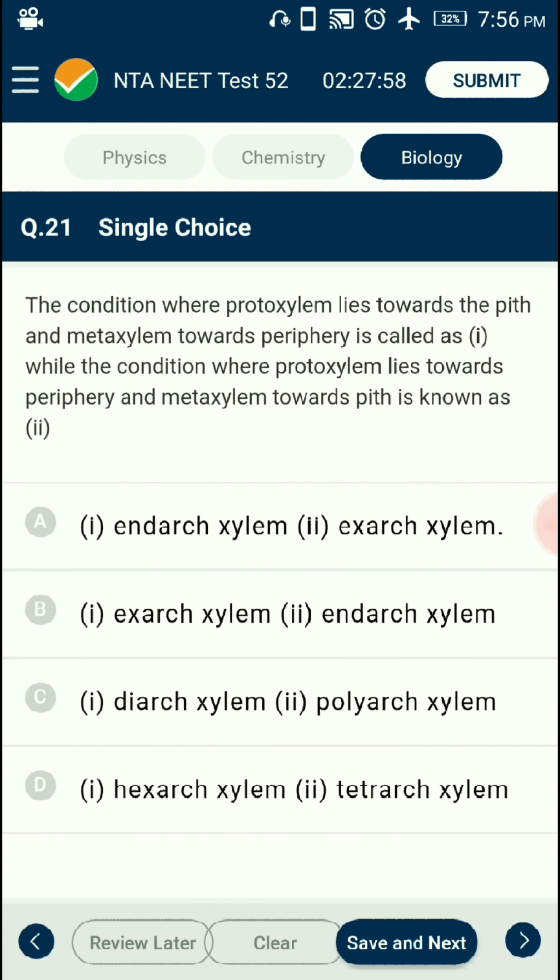The primary xylem is called endarch when the protoxylem lies towards the center, that is the pith, and the metaxylem lies towards the periphery. Example, stem. When the protoxylem lies towards the periphery and the metaxylem towards the center, it is called exarch. Example, roots. So the answer for this question is option A. The first condition is termed endarch, the second exarch.